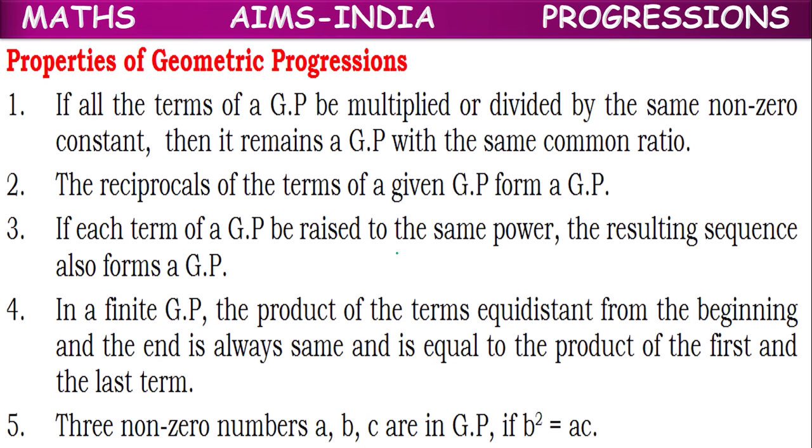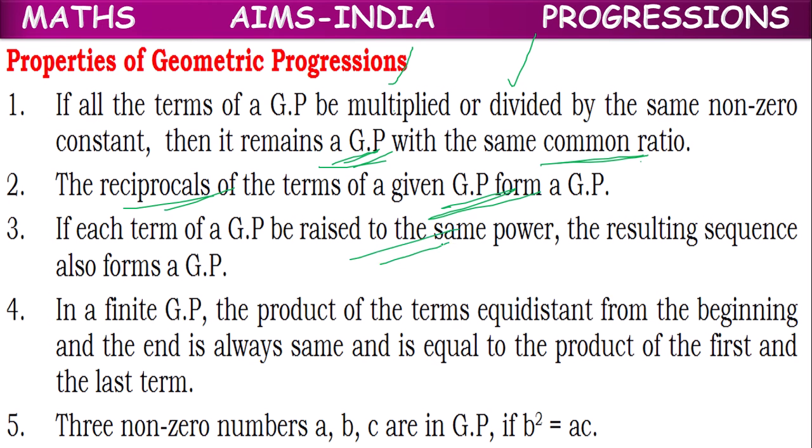Okay, children, these are the properties of geometric progression. If you have a GP, you can multiply all the terms with the same number or divide all the terms with the same number, and the resulting sequence will also be a GP with the same common ratio. Or if you take reciprocals, the resulting sequence will be a GP.